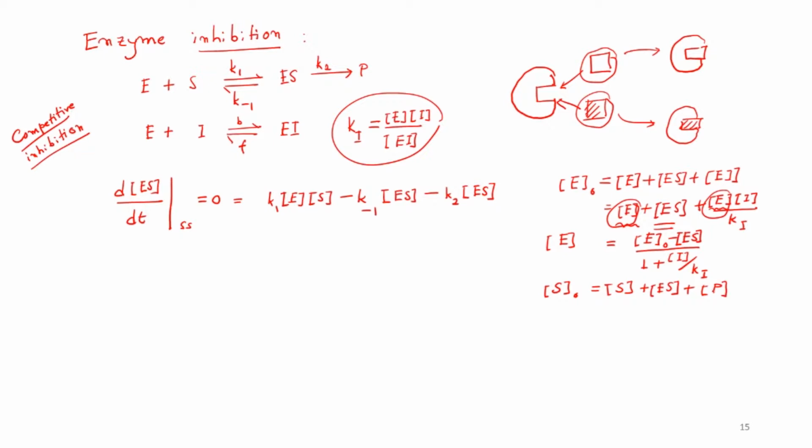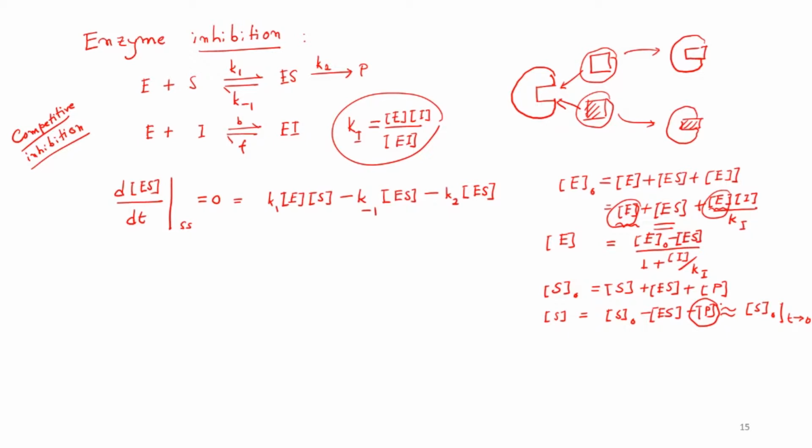This will be the same as in the Michaelis-Menten equation, so we can write it as S0 minus ES minus P. This ES term we can always ignore, and the P term we will also ignore eventually. So this will be nothing but S0 itself in the limit t tends to 0, because only in the limit t tends to 0 does this term go to 0, and ES we can always assume is much smaller than S0.